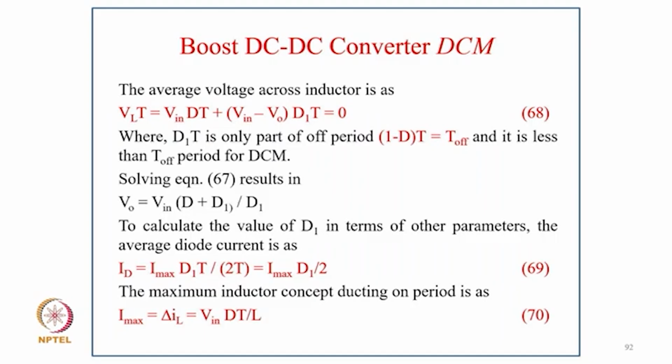The average diode current is now ID equals I max D1T divided by 2T, that is I max D1 by 2.